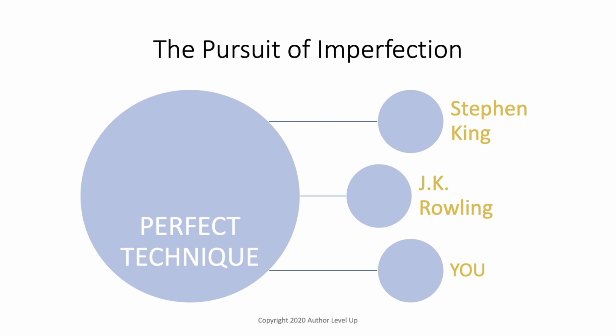So what if we said that the difference between an amateur and a bestseller is that a bestseller had a clearer line of sight into the world of the forms? Well, if that were true, then every amateur's goal would be to sharpen their vision and learn how to see into the world of forms more clearly. And to do this, you would study writers that have a clearer line of sight than you do to see what you can learn to sharpen your own vision.